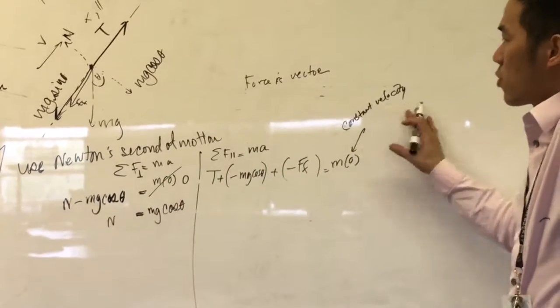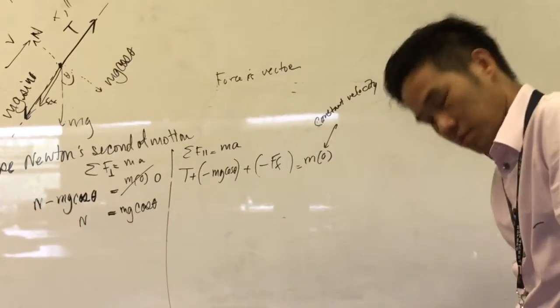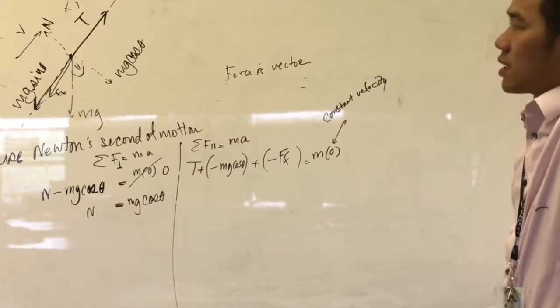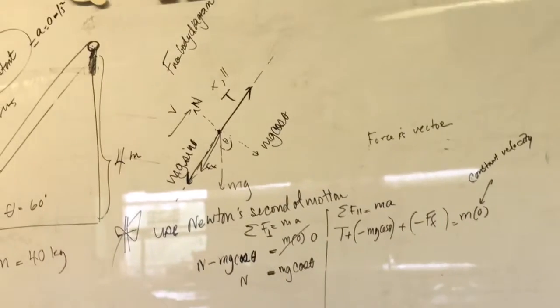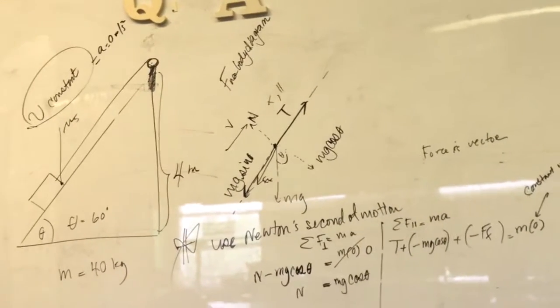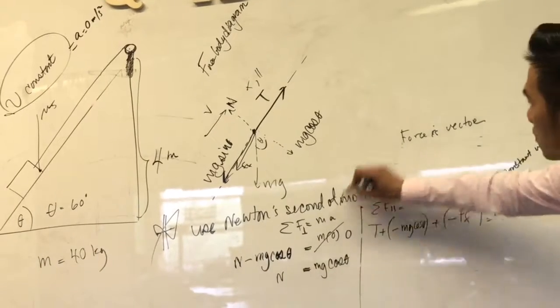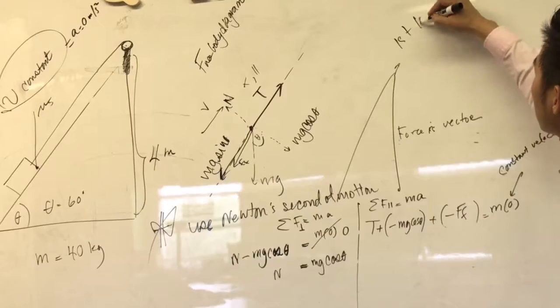The first is 0 because the block isn't moving perpendicular to the plane. The second is because there's constant velocity, so there's no acceleration. These two reasonings tell you what the first law of motion is.